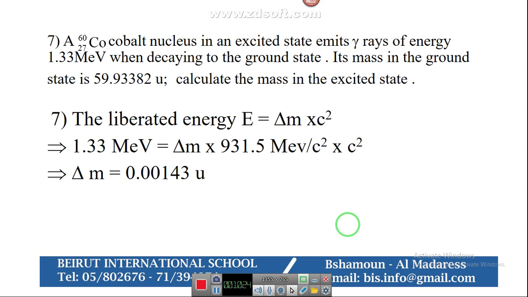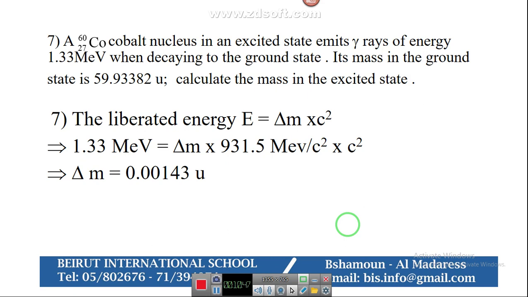First of all, the liberated energy E equals delta M times c squared. Here, E liberated is the E of gamma, it is 1.33 mega electron volt, equal to delta M times 931.5 mega electron volt divided by c squared, times c squared.